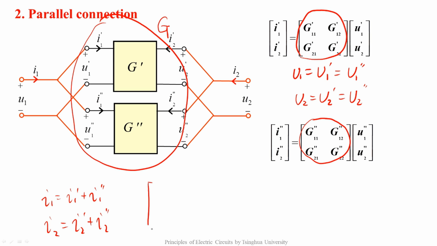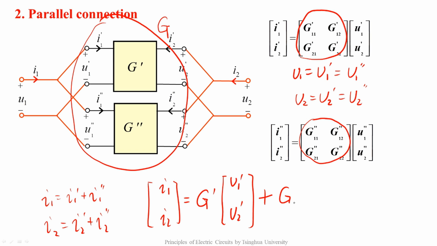So I1, I2 equal G prime times U1 prime, U2 prime, plus G double prime times U1 double prime, U2 double prime.